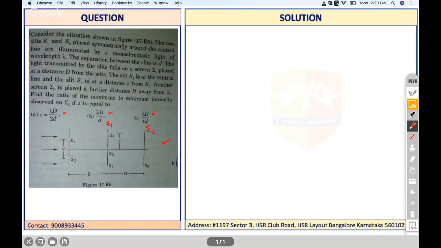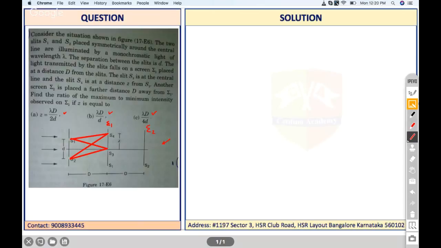Even sigma 1, with respect to S1 and S2, is a Young's double slit experiment. So one wave coming from S1 will interfere with the wave from S2 at the location of S4. Similarly, over here, there will be an interference happening.